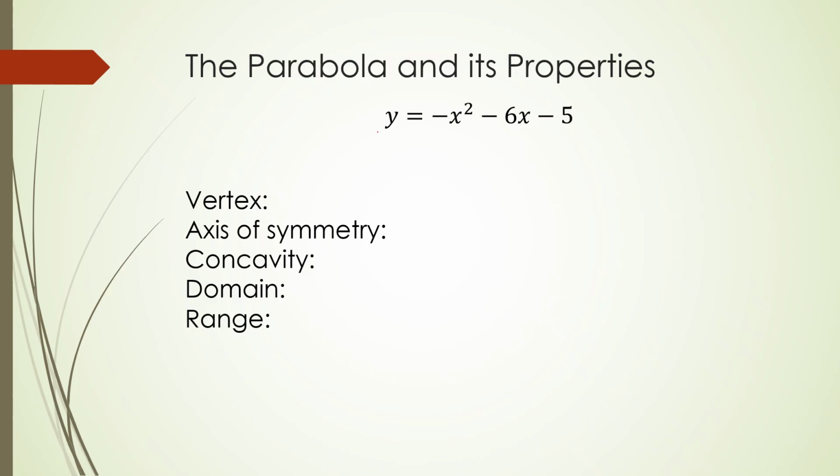So y is equal to negative, then you have to change all the signs of all the terms here. Instead of negative x squared, you write x squared. Instead of negative 6x, you use positive 6x. And instead of negative 5, you add 5.